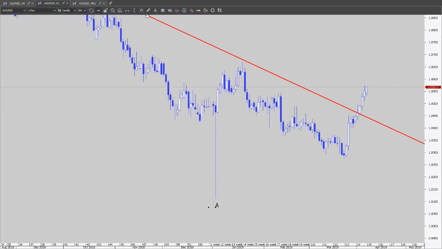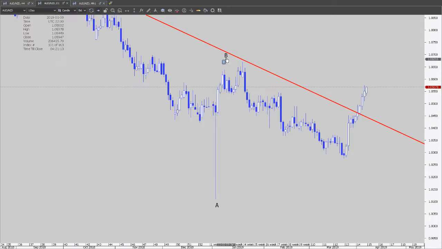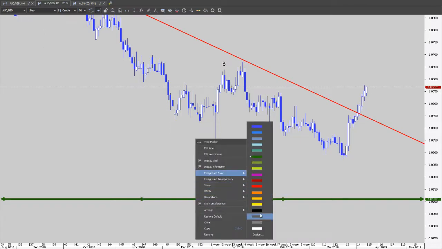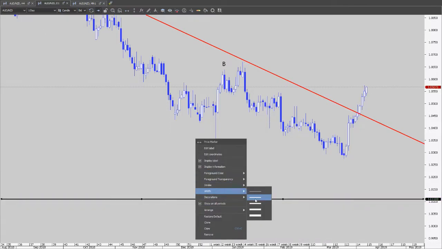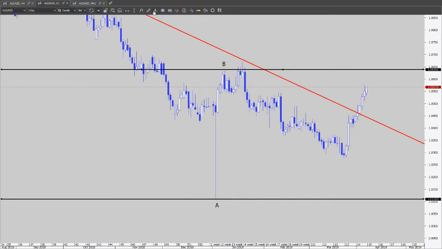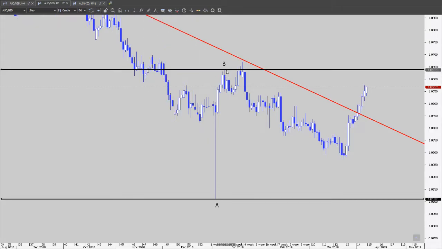The B is the first high as soon as possible after the A. So the first high is here, and we are going to draw the horizontal lines to help ourselves. Let's color code in black, and clone another horizontal line, and we are going to draw our original Fibonacci first. So this is our first original Fibonacci, right?